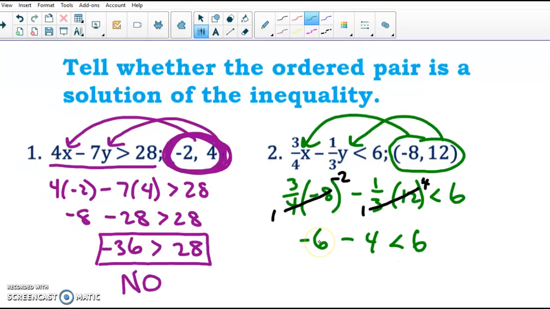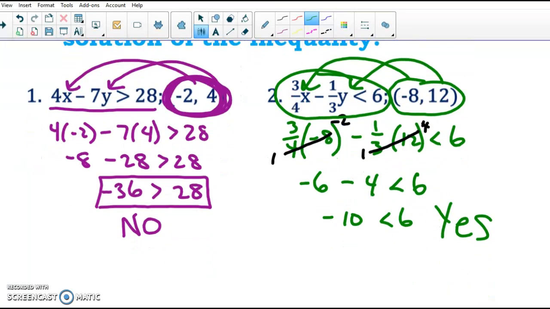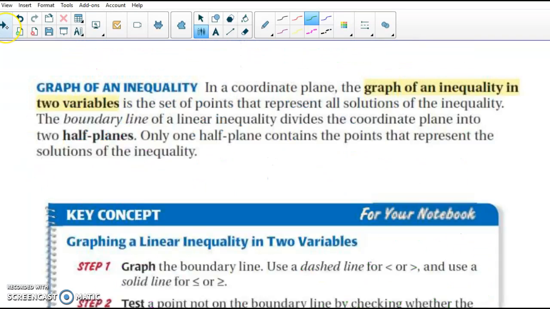As I subtract to further simplify, I have -10 is less than 6. That, of course, is true. -10 is less than 6. So the answer to this one is yes. -8, 12 is a solution to this inequality. So kind of a review skill, just a new look at using inequalities.